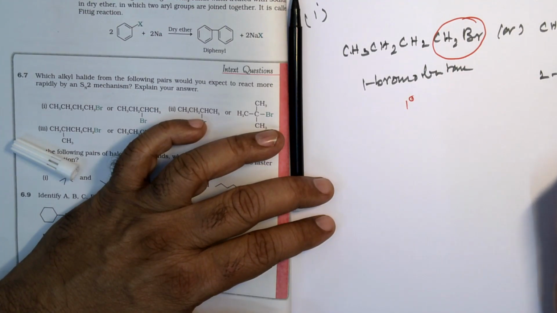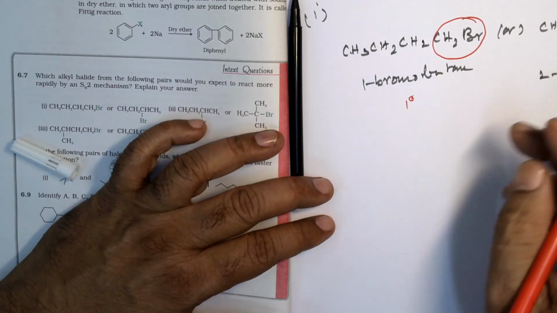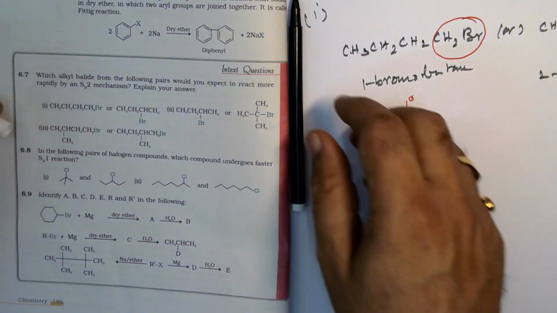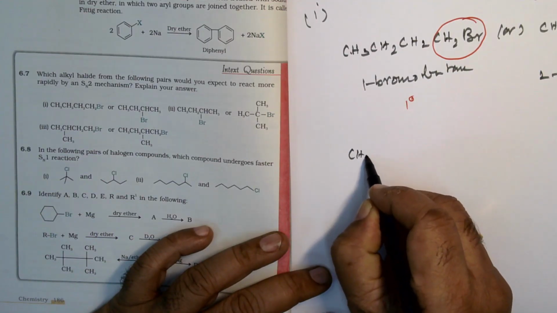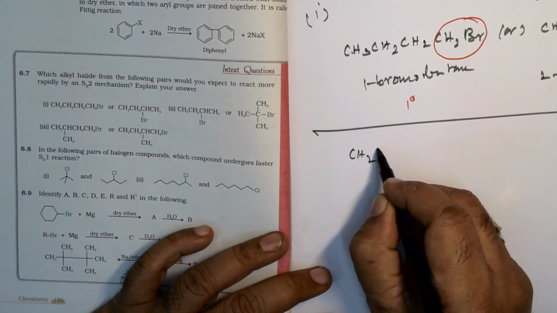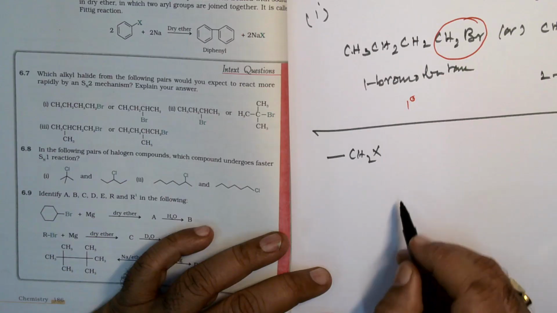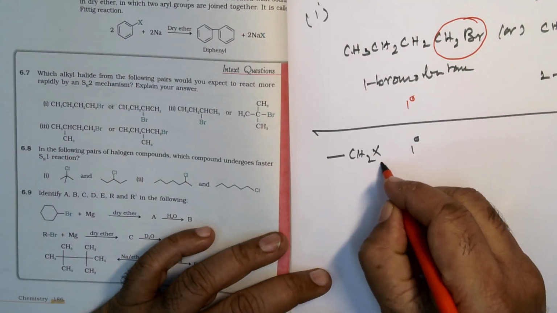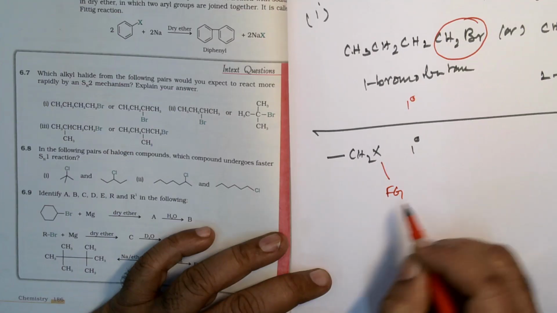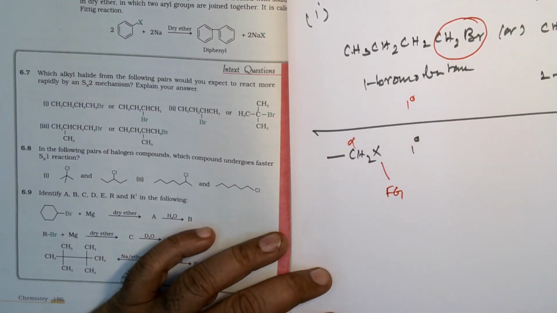Okay? When you've got CHBr, for instance, how to identify this kind of compound? Let me say that is CH2X. Okay, so this is primary. And this is the functional group. X is the functional group. And this is the alpha carbon atom.